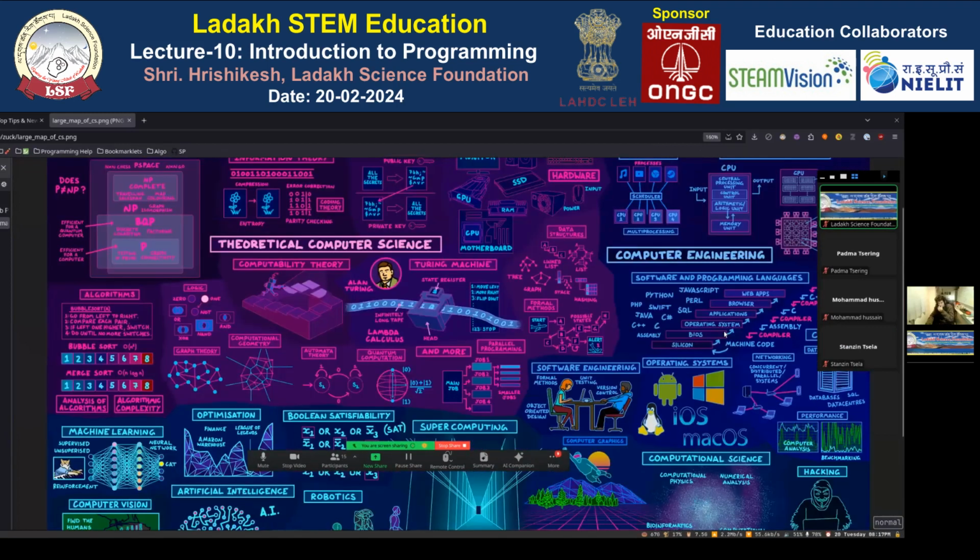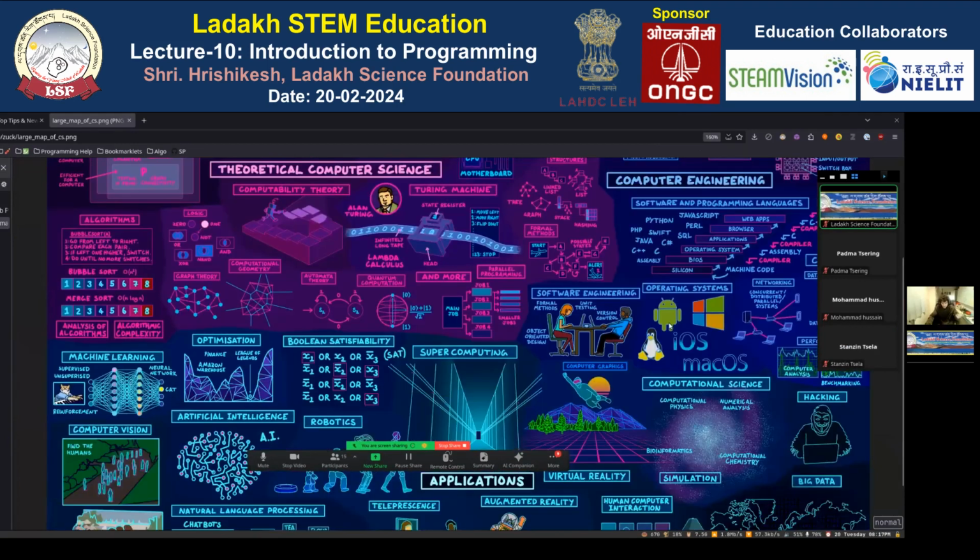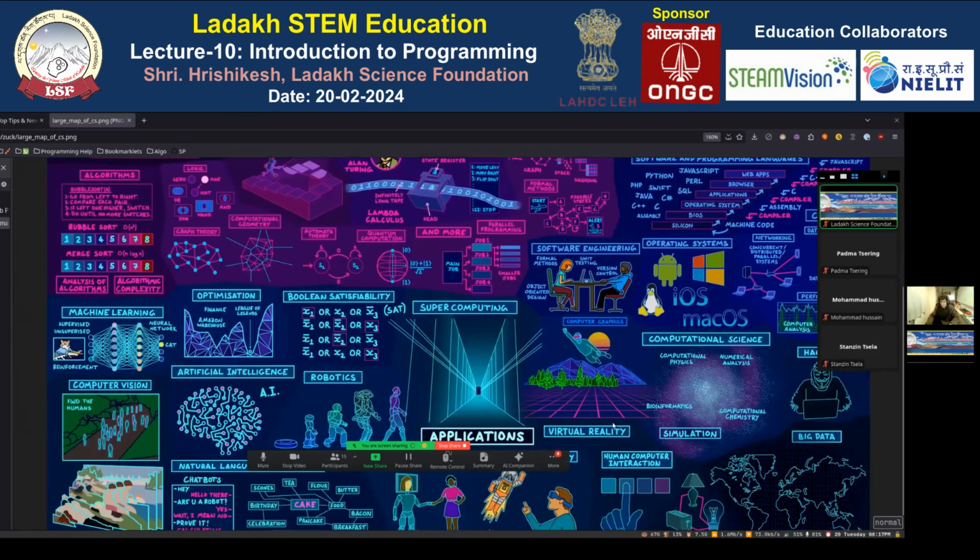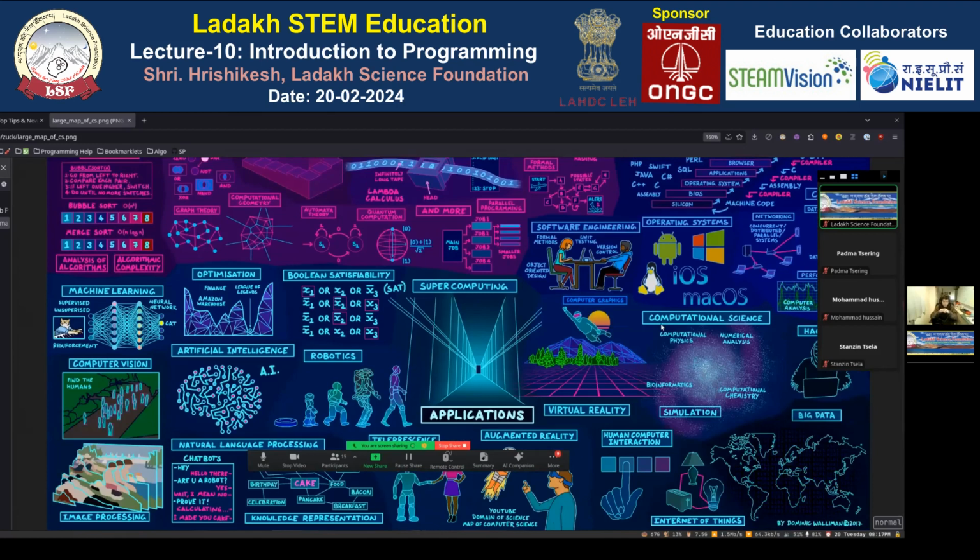These are things that we are going to learn in the next couple of slides. And then we have software engineering, which was and is probably my profession. And then we have operating systems. These things you can play around with, right? So basically, once you learn programming, you unlock all these things. All these things become accessible to you.